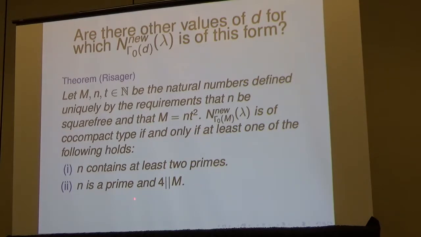In this context, you can immediately observe, concretely, that if you look at gamma 0 of pq new, where p and q are primes, that one gives rise to it, and if you look at gamma 0 of 4p new, then that one also gives rise to it.